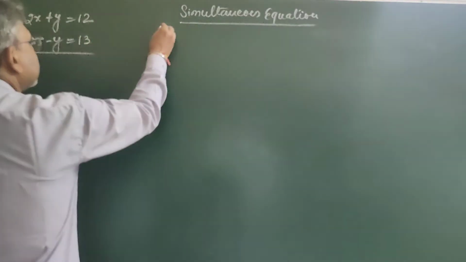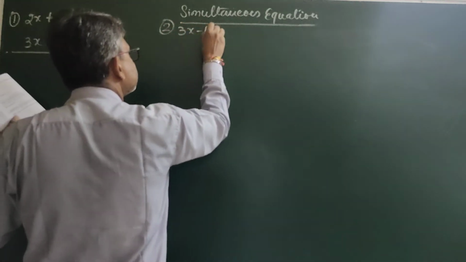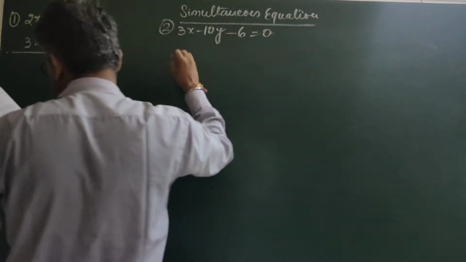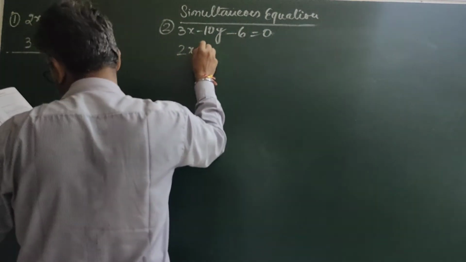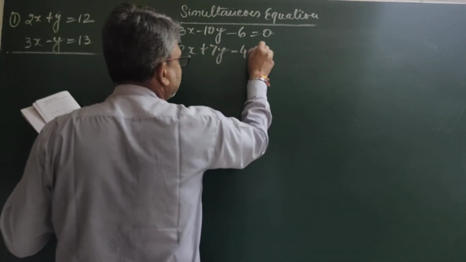Second one is 3x minus 10y minus 6 equals 0, and 2x plus 7y minus 45 equals 0.